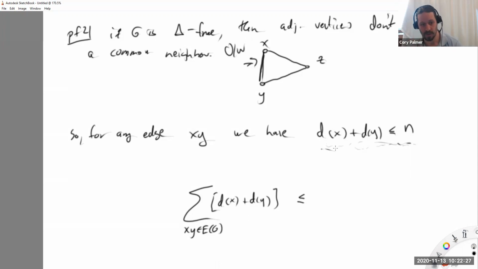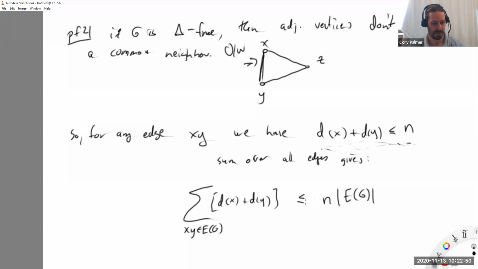If I'm summing this inequality over every edge, n comes out every single time times the number of edges. That's the number of terms in the sum is the number of edges, and each term in the sum, dx plus dy, is bounded above by n. So summing over all edges gives this, okay?